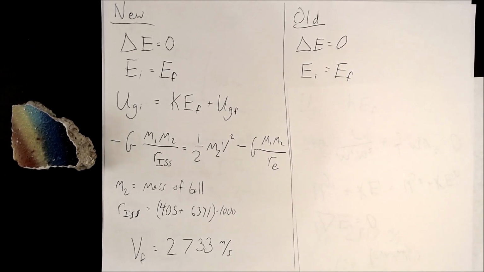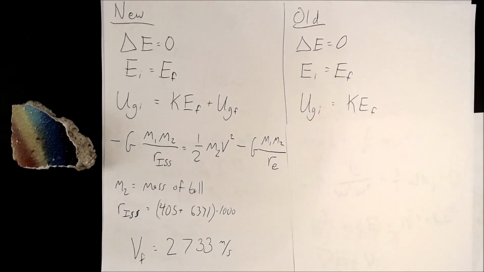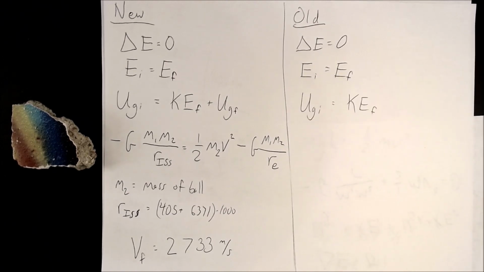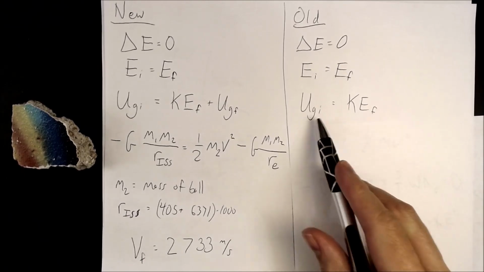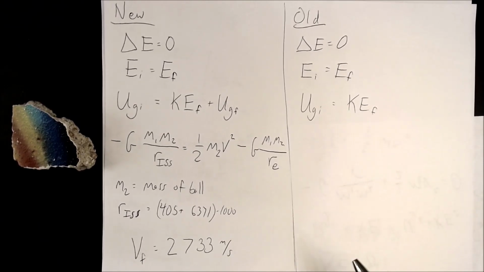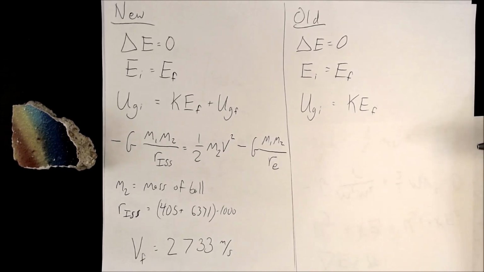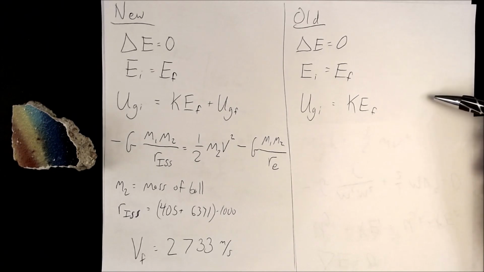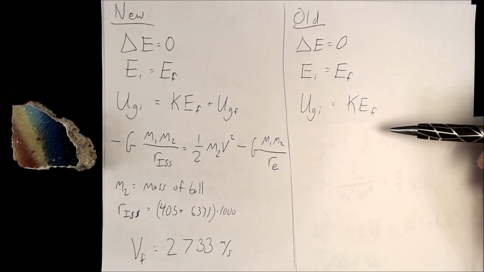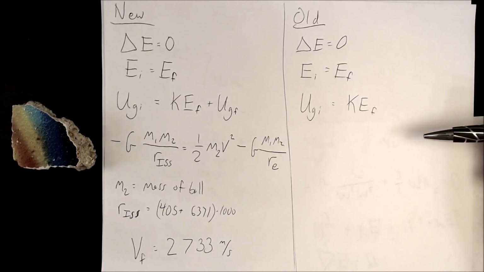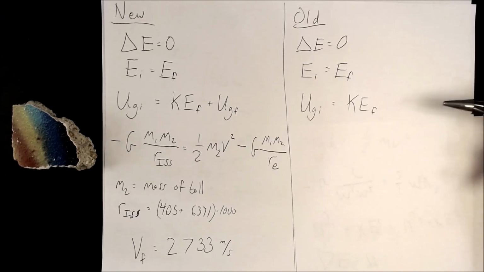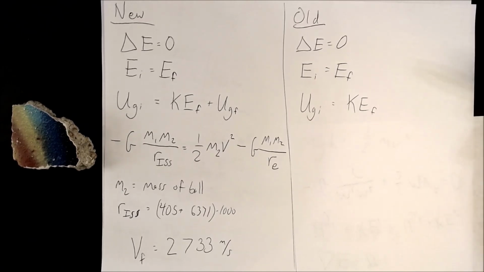We just need initial gravitational potential energy equal to final kinetic energy. There's no kinetic energy at the beginning, and we can define h equals 0 to be the surface of the Earth. If you do, you end with no gravitational potential energy, and so you don't have a U_G final right there.